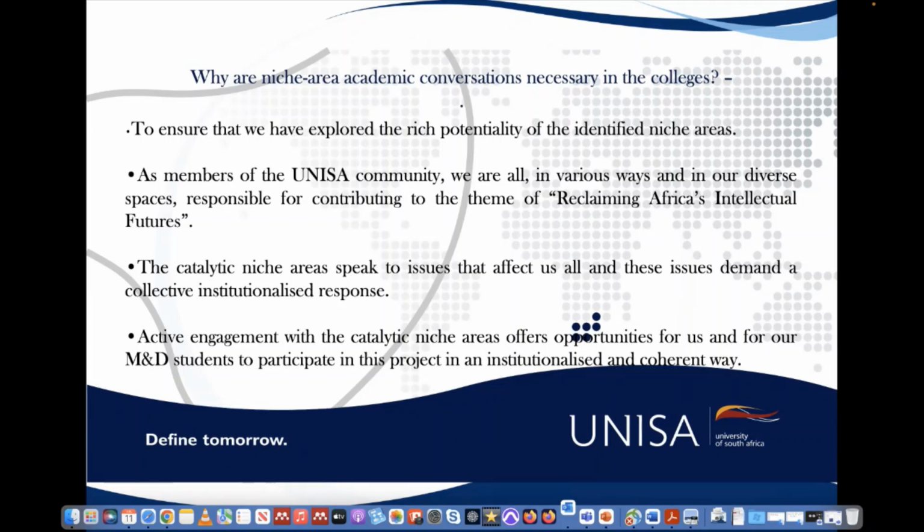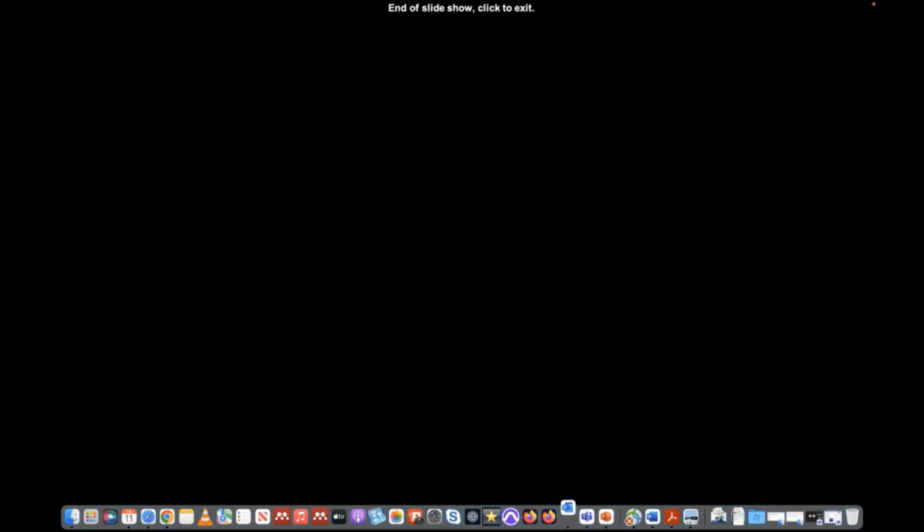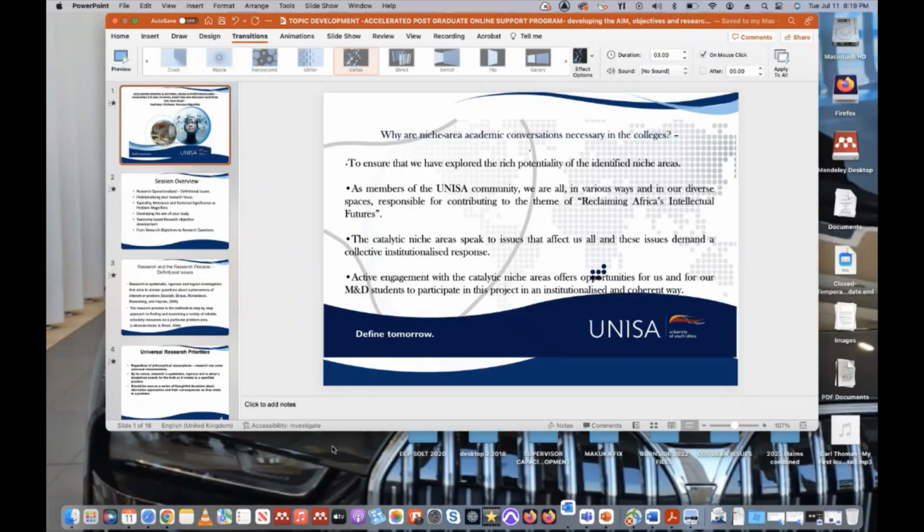We also want to be at the front end of this intellectual future of the world. We also want a coherent sense of what students do, so that we can almost be assured that everything that UNISA does will be the specific discipline with some attention paid to one of the 10 niche areas. So that is where this goes.